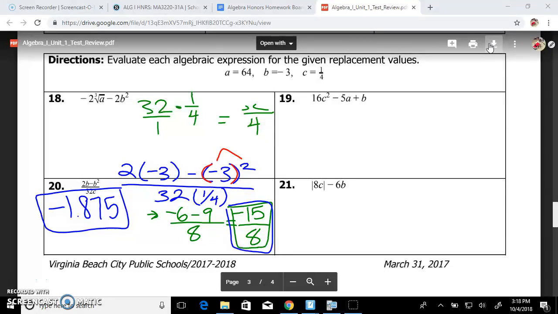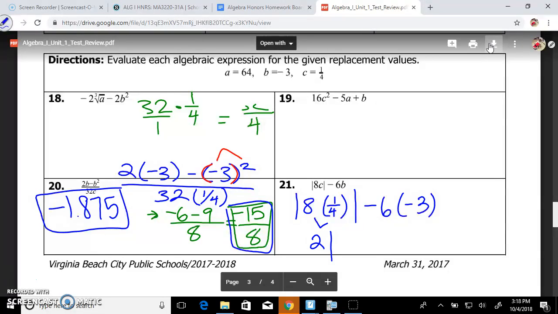Last one in this section is 21, and we have the absolute value of 8 times 1/4 minus 6 times -3. So within our absolute value, we have to do 8 times 1/4. This is the same as 8 divided by 4, which is just 2. Absolute value of 2 minus 6 times -3.